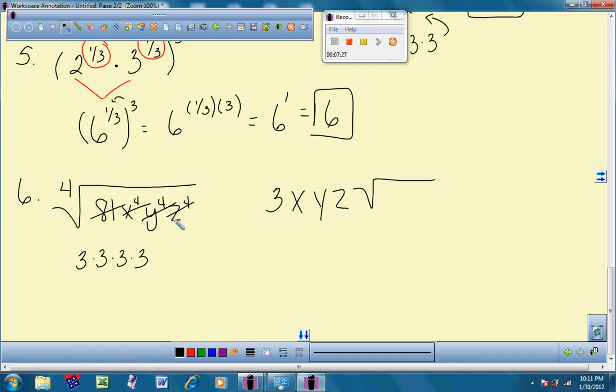If we take a look at our radicand, you see that we have nothing left inside. Well, we know the root of 0 is 0, so we can just leave that off, and your answer is simply 3xyz, or 3 times x times y times z.